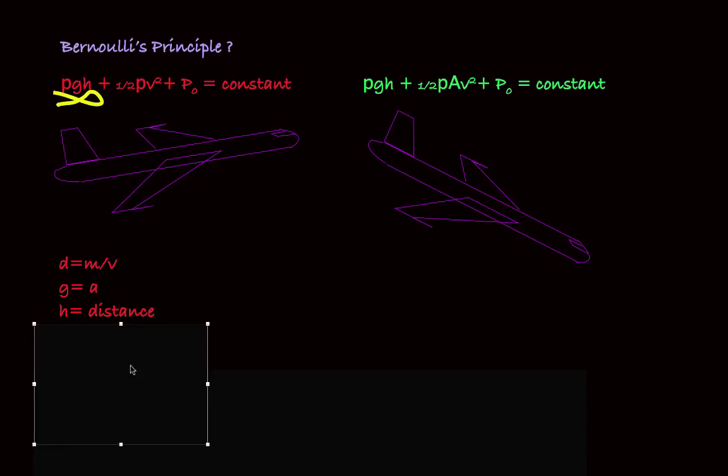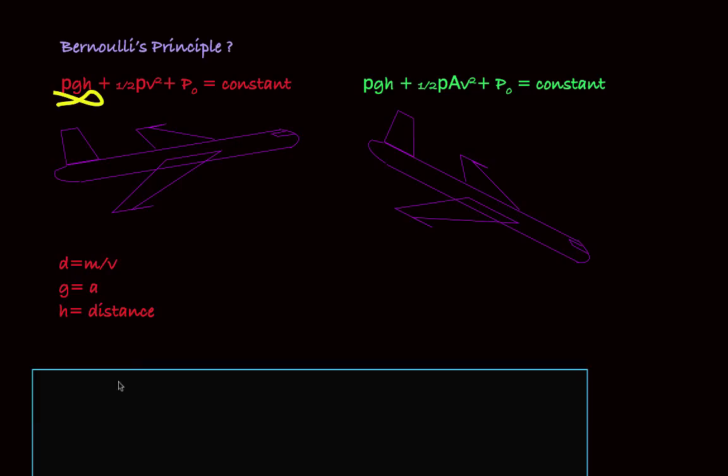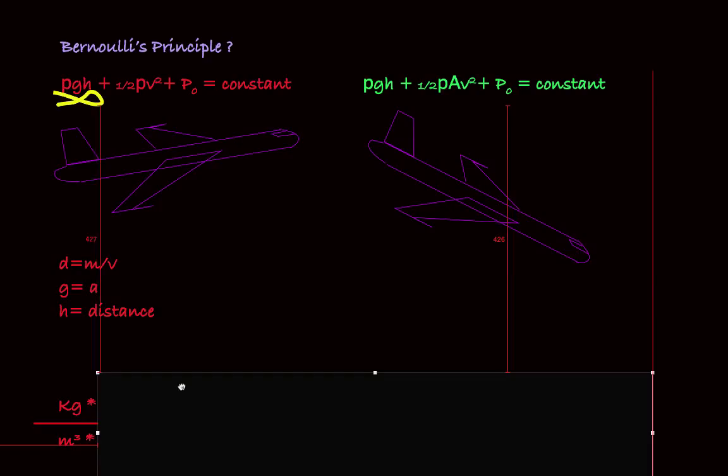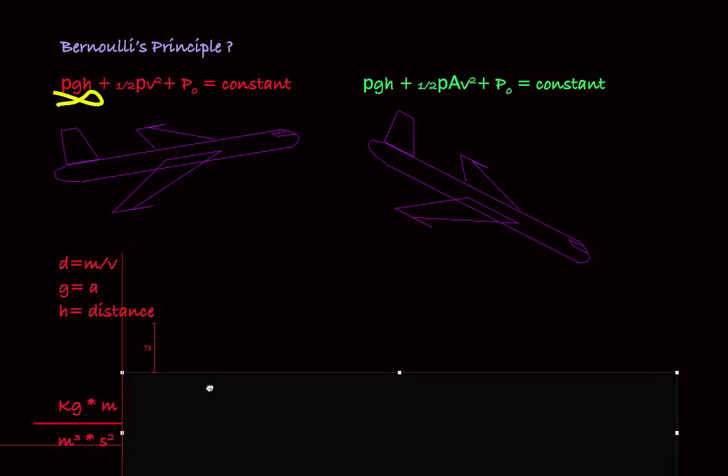Okay, so let's write that out now in its units. The first unit is mass over volume, so that's kilogram over meters cubed. We want to multiply that by an acceleration, which is meters per second squared. And then lastly, we multiply by distance, which is another meter.